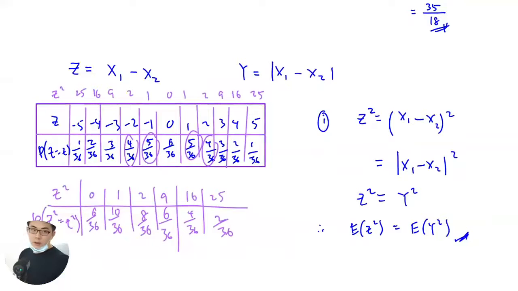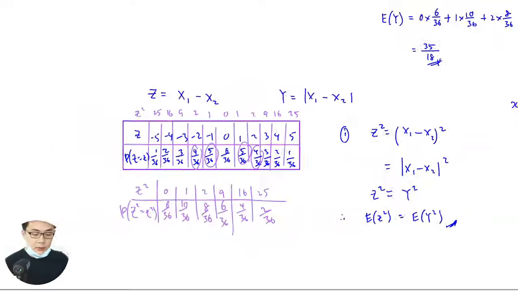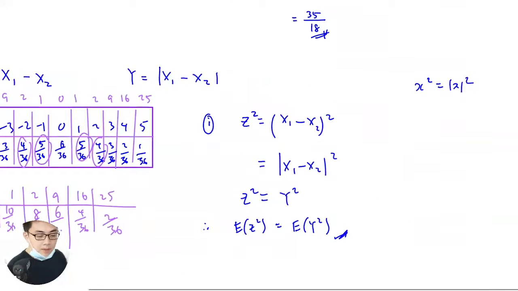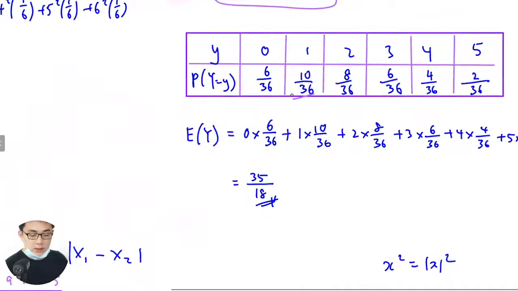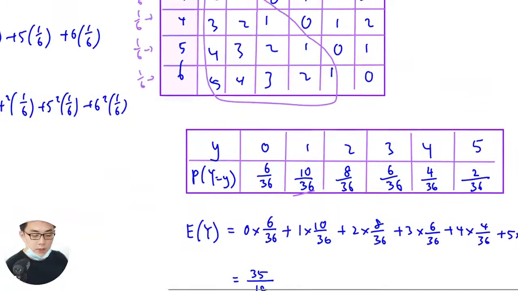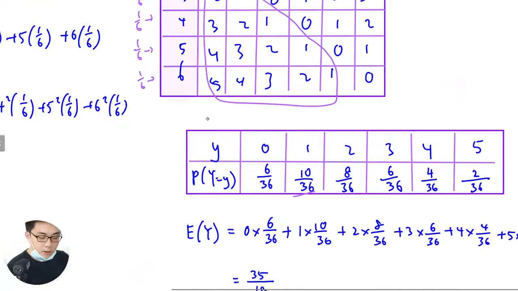If you want to know what's going on in the back end, this is Z squared. If you take Y squared, this is 0, this is 1, this is 4, this is 9, 16 and 25.